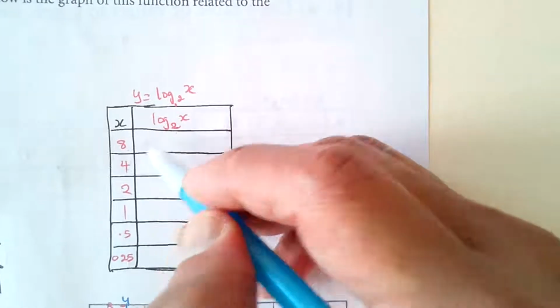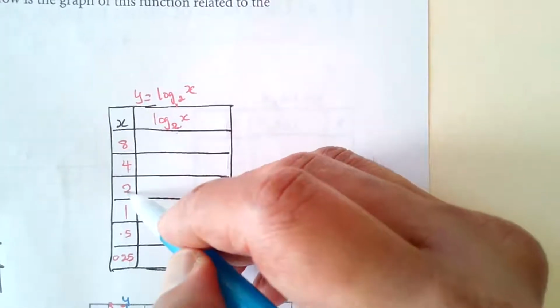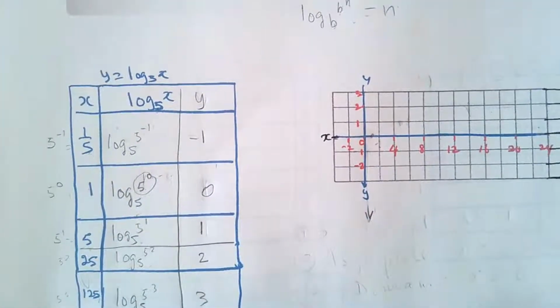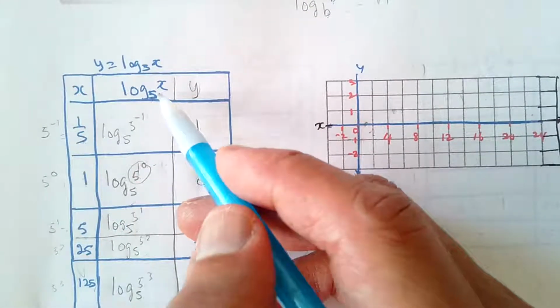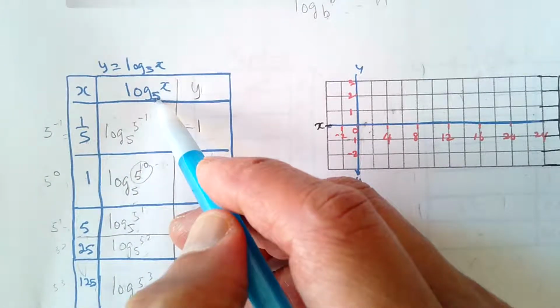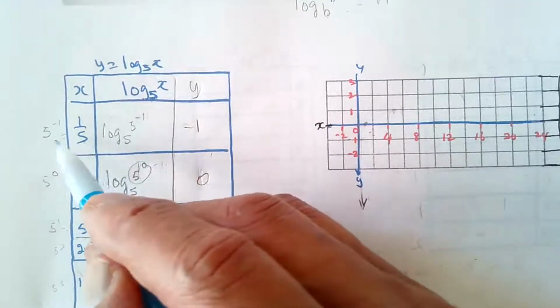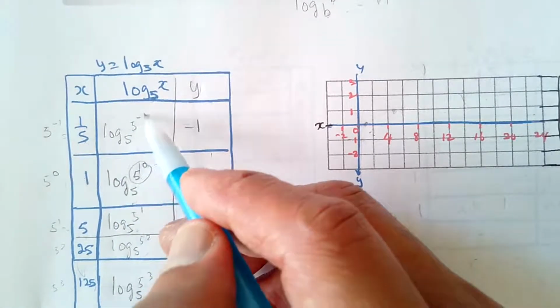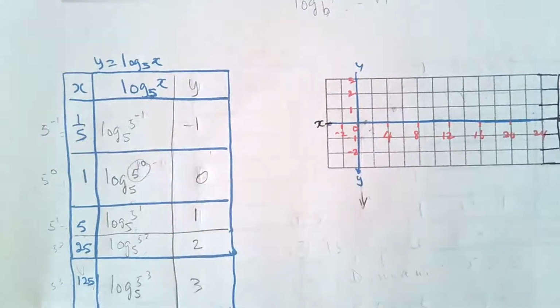So 4 could be written as 2 to the power of 2, same as this one here. So what I've done here is to choose values that can be written as a power of 5. I know 1/5 could be written as 5 to the negative 1, etc.